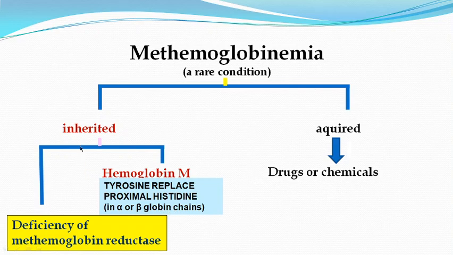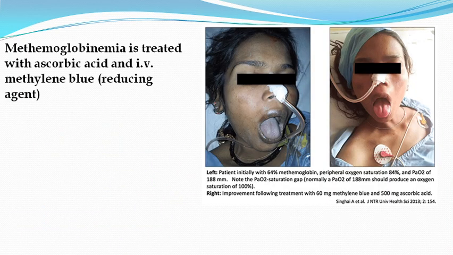It could also be inherited due to deficiency of the methemoglobin reductase enzyme, which requires NADPH to convert the ferric to the ferrous iron, as we mentioned before. Methemoglobinemia is treated with ascorbic acid and intravenous administration of methylene blue, because methylene blue acts as a reducing agent.